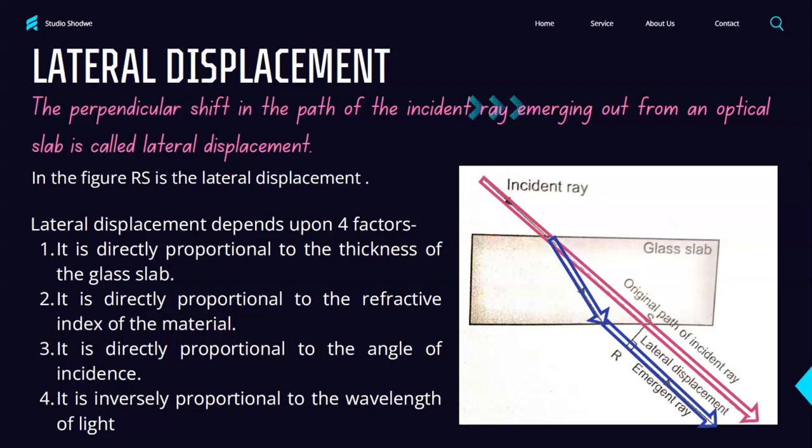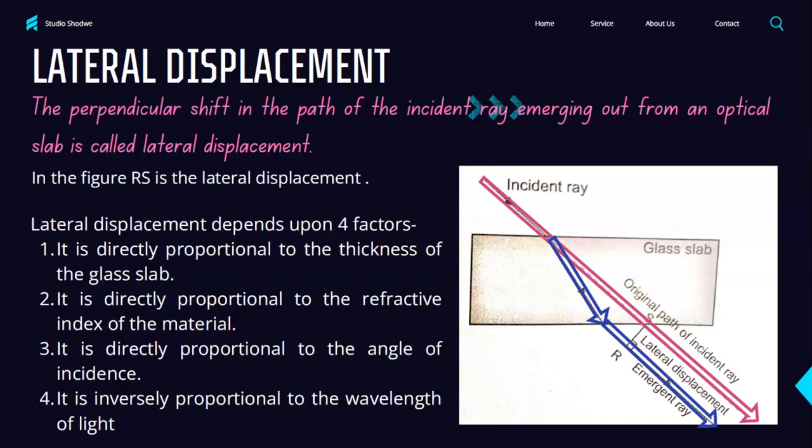The ray shown in the pink is the original path of the incident ray. The ray that is shown in blue that is coming out of the glass slab is known as emergent ray. And you can clearly see how the ray of light is shifted just because we placed a glass slab in its path.